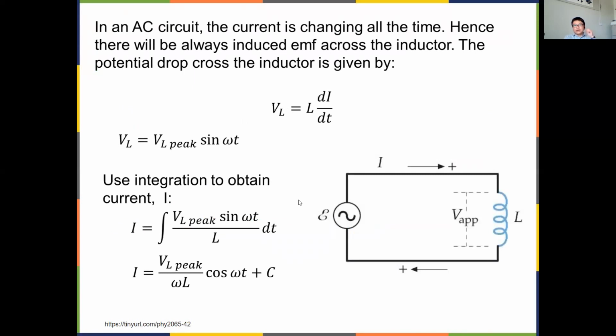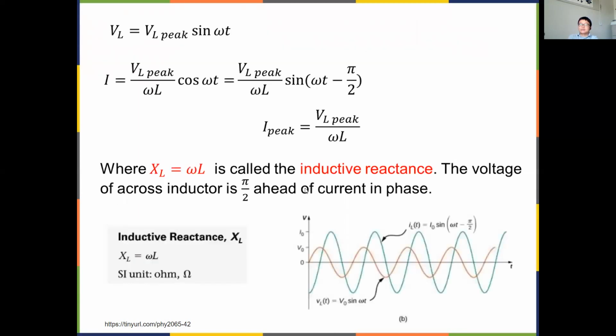In the case where you have an inductor in the circuit with an AC source, the current is changing, so there's an induced voltage. If you apply a voltage as a sine function, then the current is a cosine function, because you are taking the derivative of the voltage with respect to t.